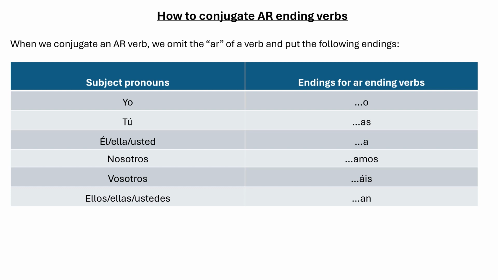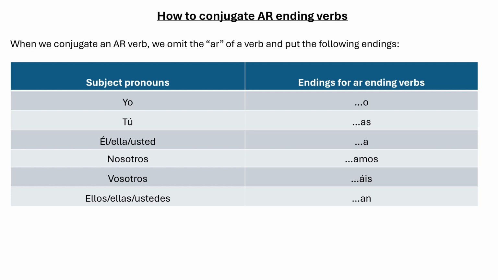The subject pronoun yo means I, tú means you informal, él means he, ella, she, usted means you formal, nosotros means we, vosotros means you all, ellos means they masculine, ellas means they feminine, and ustedes means you all formal.